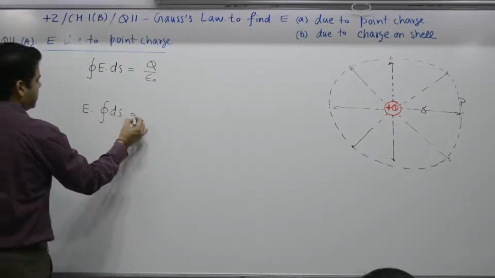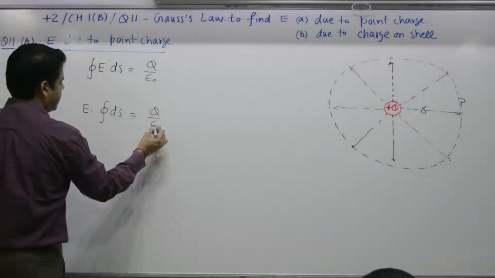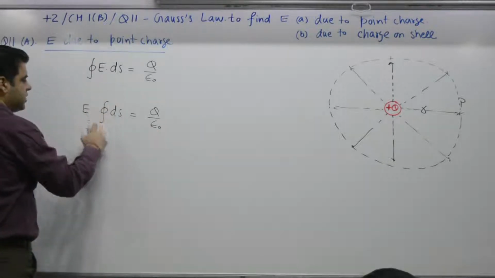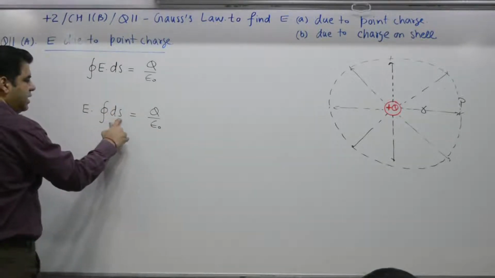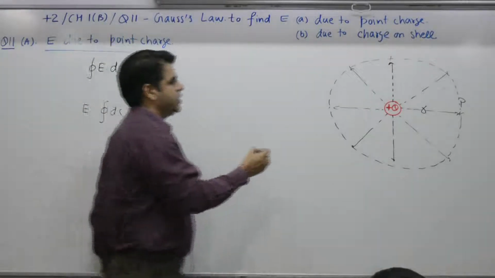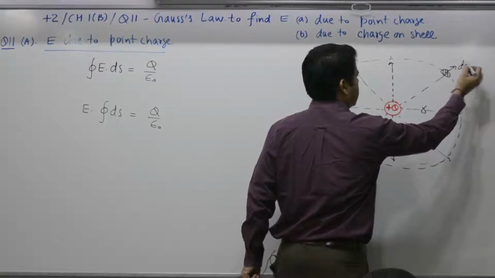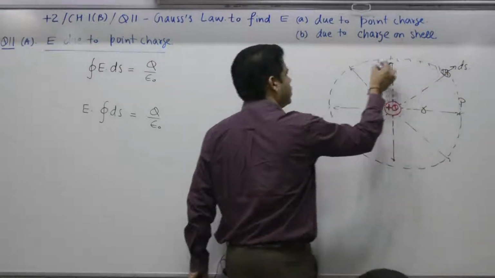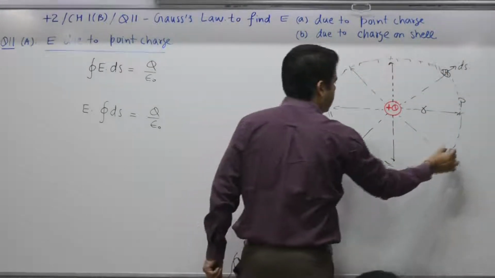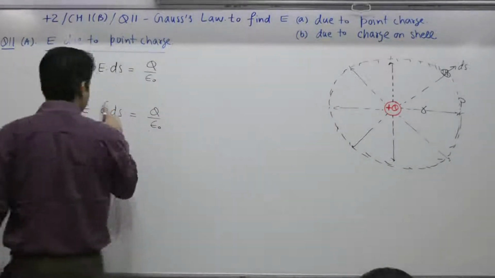What you have is the integration of dS. What does this mean? dS is a small area. Say this one, this is dS. Total means the total area of a closed surface.